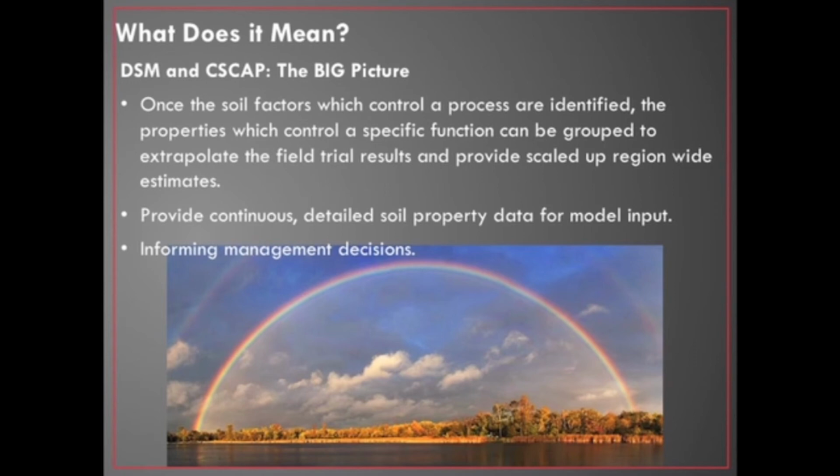We want to provide continuous detailed soil property maps for model input. Oftentimes, there's more soil variability than might be needed for a model, or models might need soils information at a certain resolution raster as opposed to these polygon maps that we all have now. And what I really think has a lot of importance is informing management decisions.